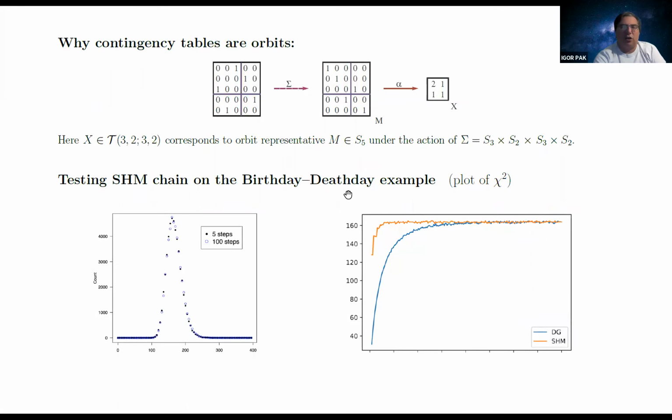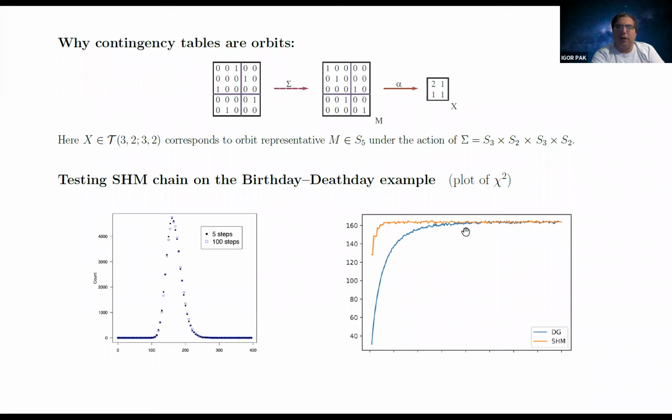5 steps. So here's a plot of chi-square, and it's the same plot as you've seen before. You can see that after 5 steps and after 100 steps, when you average over, I think, 10,000 trials, you get the same distribution. And this is an apples to apples comparison with the Diaconis-Gangoli chain, which is in blue, and that approaches chi-square much more slowly.